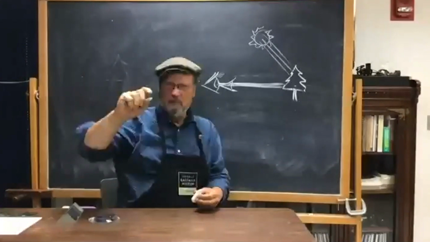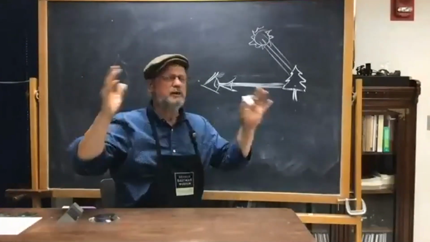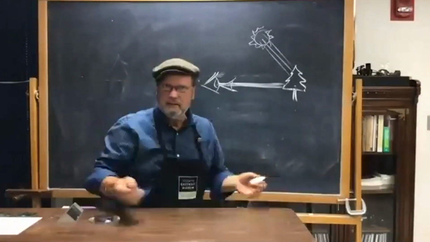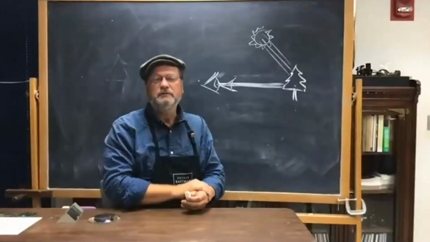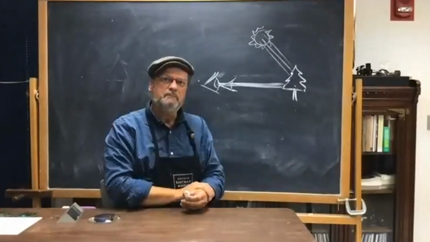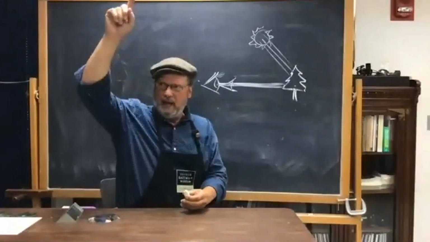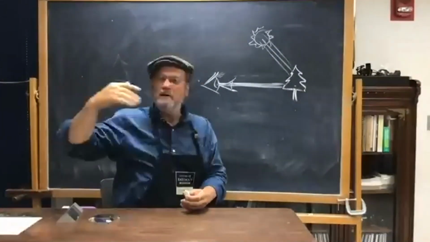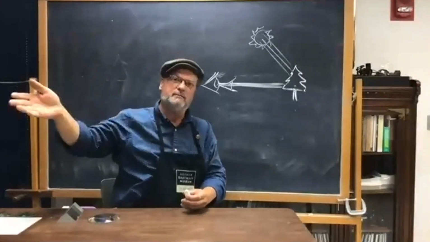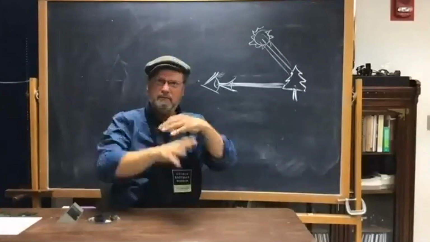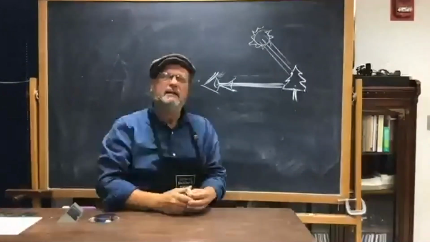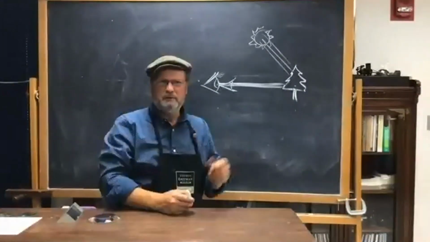Who knows how big it was, but it goes through an aperture into a darkened room, some say a tent, and he sees a visible image on the other side of the wall, so the tent wall or the room wall. And this is because of light bouncing off the subject, not coming from your eyes, bouncing off the subject, coming through that hole, and then inverting right side up, upside down, and you'll see a visible image.